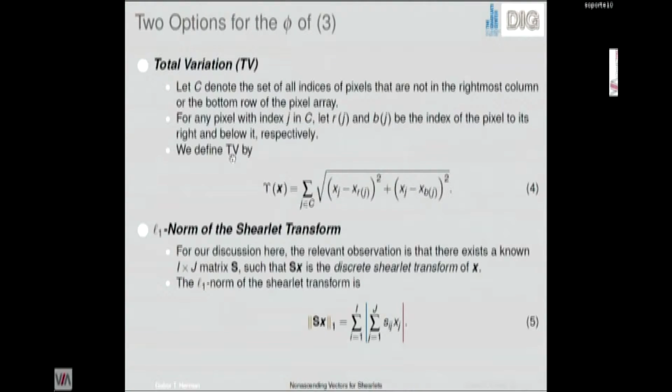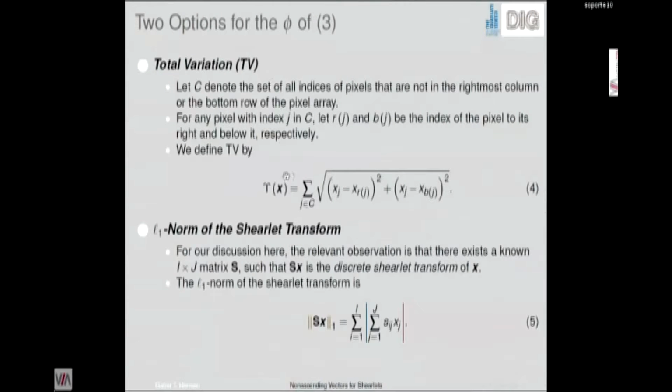And then the total variation is defined as the sum over all the pixels except the ones in the rightmost column and bottom row of the square root of the square of the difference of the pixel value and the pixel value to its right, and the square of the difference of the pixel value and the pixel value below. So this is approximately a gradient of the image.